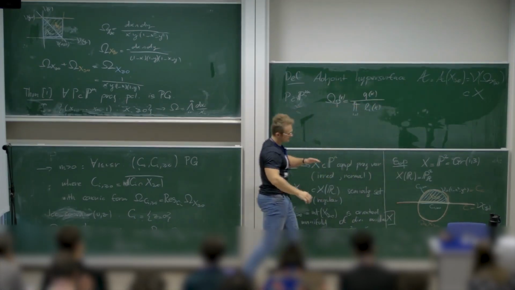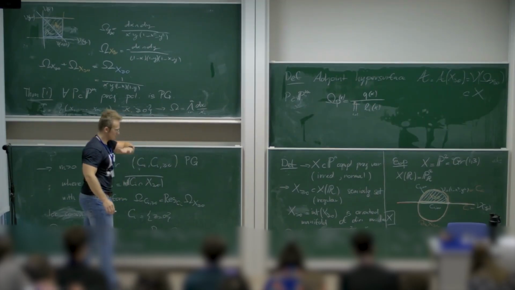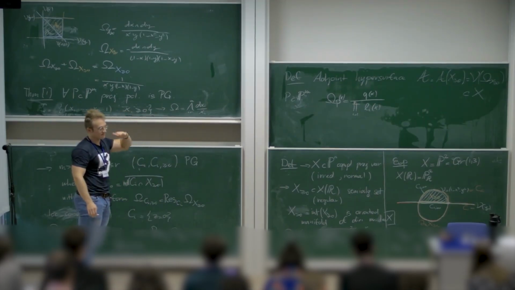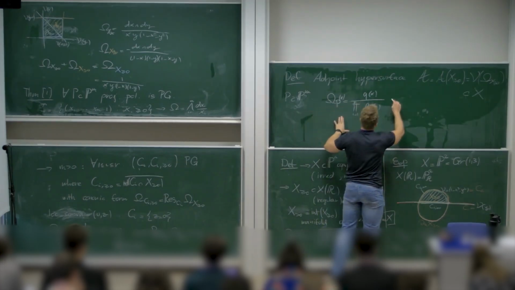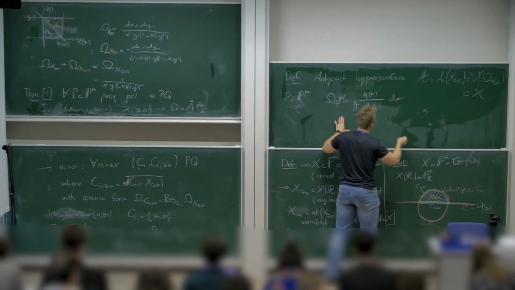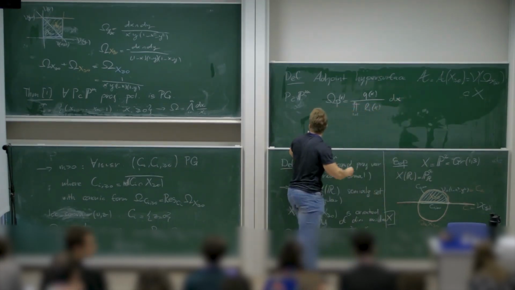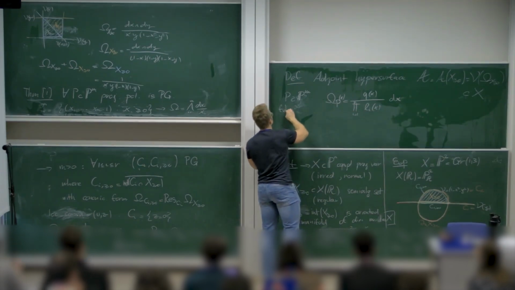Each linear factor is cutting out a hyperplane, a facet hyperplane of the polytope, and then there is some polynomial in the numerator. Here I really want this to be full dimensional.